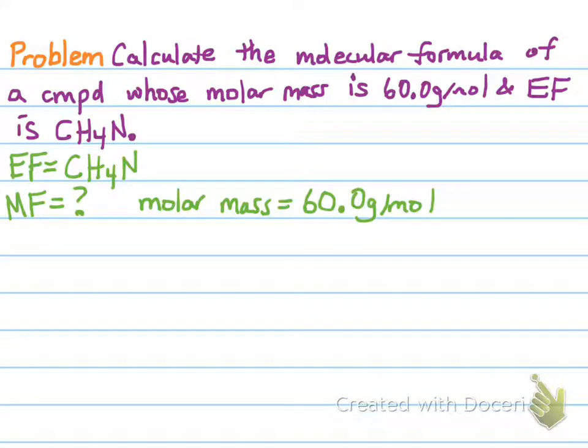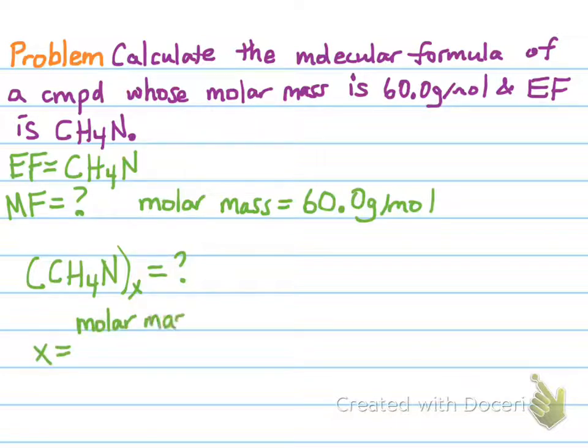So I know I'm going to take CH4N, multiply it by some multiple to get my molecular formula. To find that multiple, I'm going to use that equation. So I need the molar mass of my compound divided by the empirical formula mass. Well, I have my empirical formula, so I can figure out my empirical formula mass.